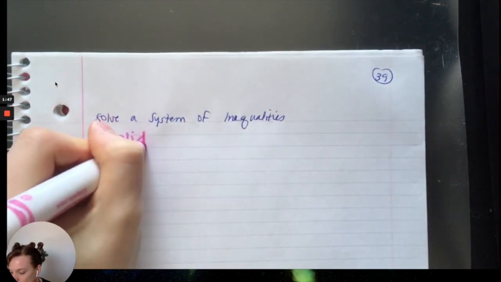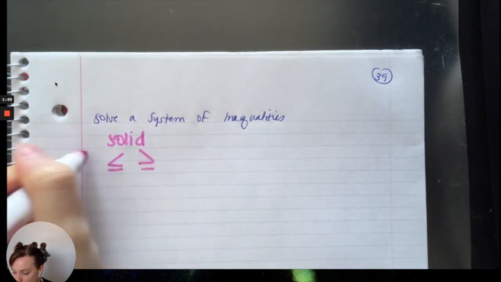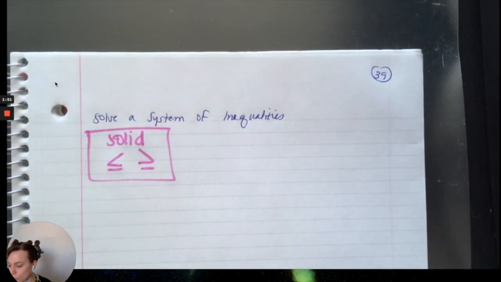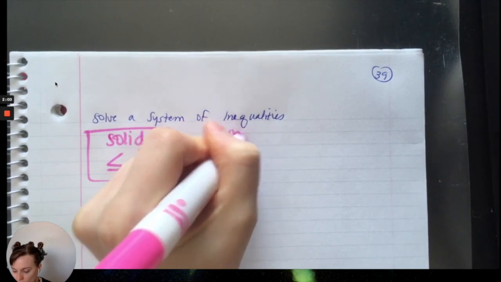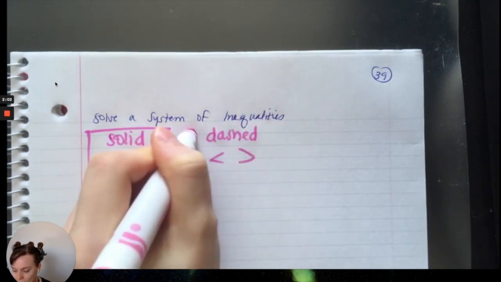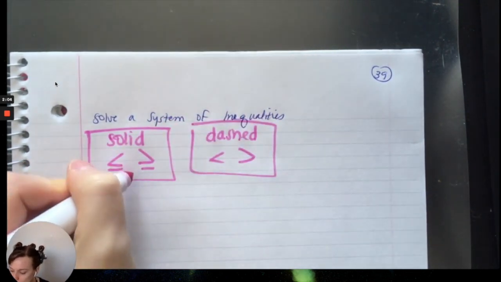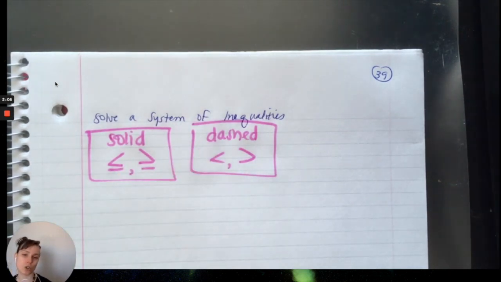So remember that we draw solid lines when we have the equal to option, because that means the line is actually part of our solution. They are equal. And then if the line is not part of our solution, then it is dashed when it's these two, and we'll put a comma in between, when it's just the strict inequalities of less than or greater than.